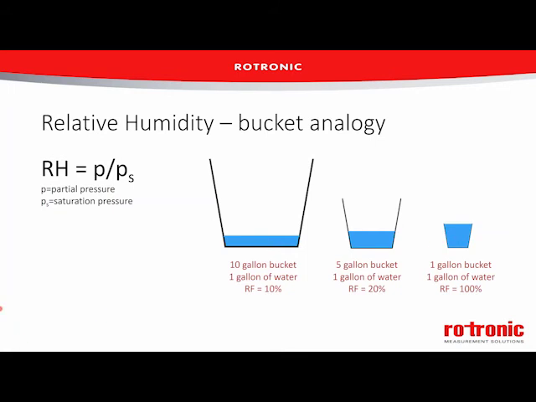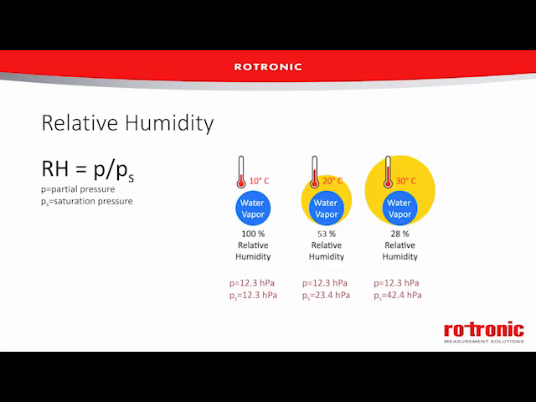If we look at it in more realistic terms than buckets, we can see the same type of analogy. We've got 30°C air, and the saturation vapor pressure for 30°C is 42.4. The partial pressure of water vapor present is 12.3 hectopascal. So 12.3 divided by 42.4, we're at 28% relative humidity.